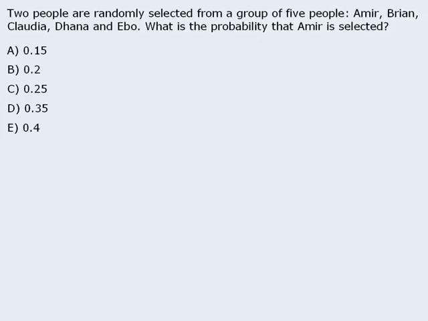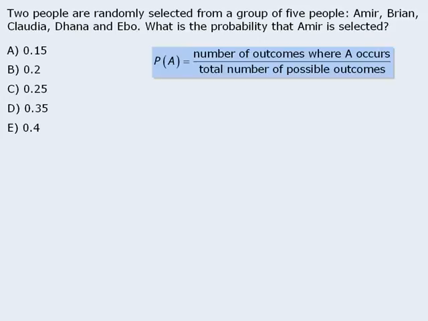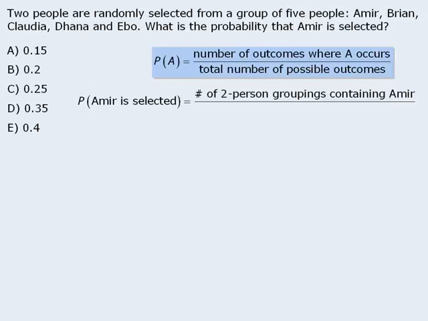To solve this question, we can apply our formula. So the probability that Amir is selected is equal to the total number of outcomes where Amir is one of the selected people, divided by the total number of ways to select 2 people from 5 people. So let's begin with the denominator. In how many ways can we select 2 people from 5 people?